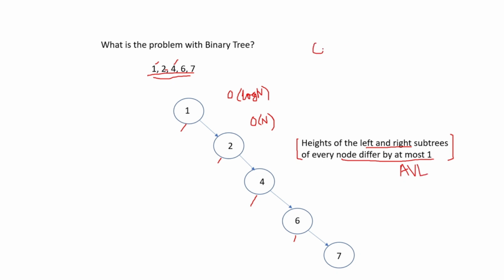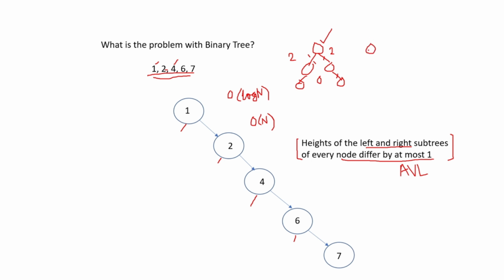So going by this, suppose you have a tree like this. So the right subtree has a height of 2, that is 1 and 2, and the left subtree also has a height of 1 and 2, that is this. So the difference of height between the left subtree and the right subtree is 0. So this binary tree is an AVL tree.